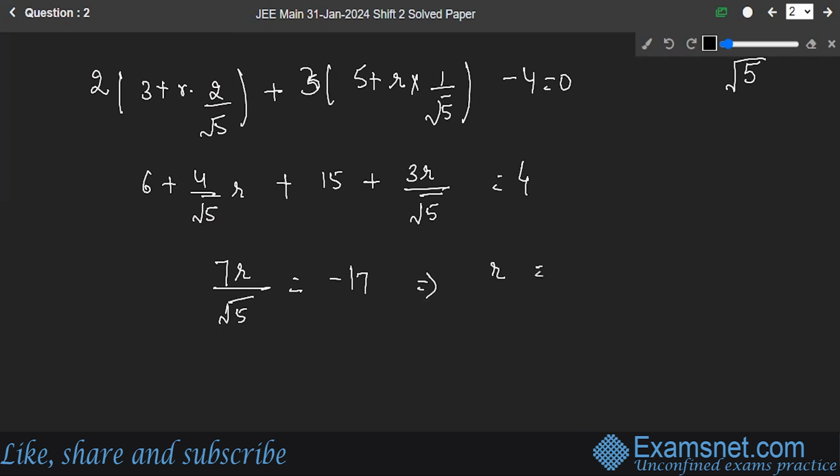That gives me r value as minus 17 root 5 upon 7.